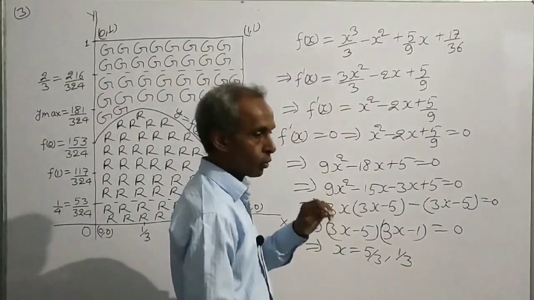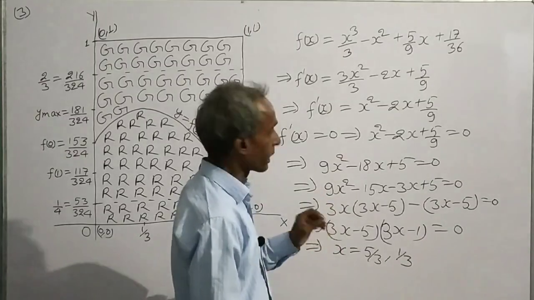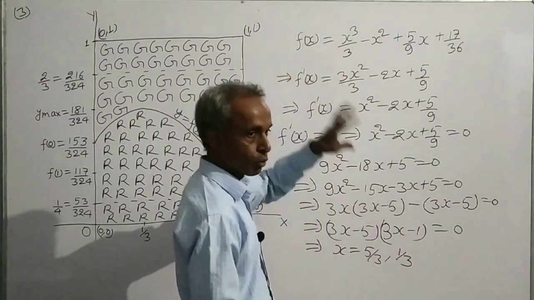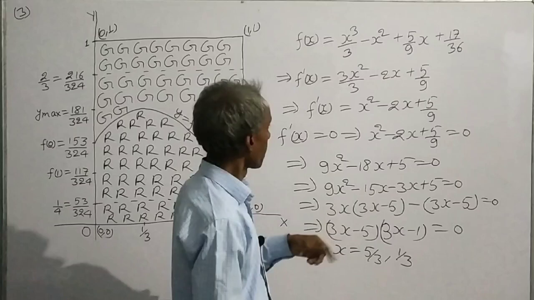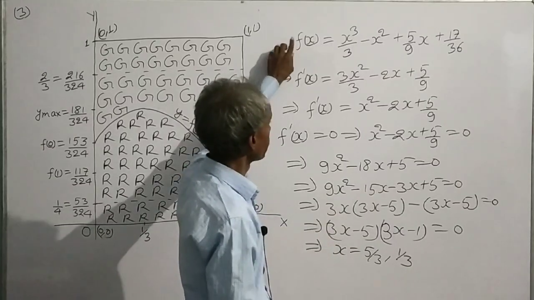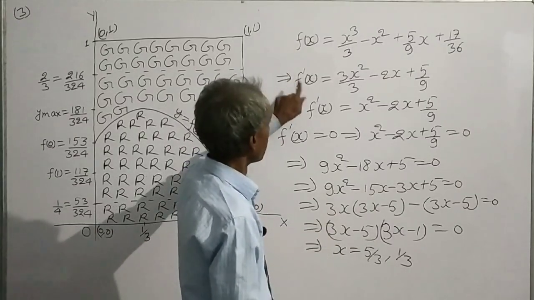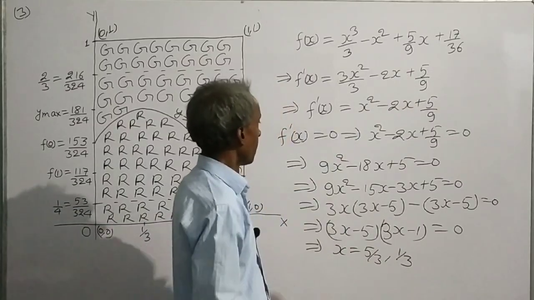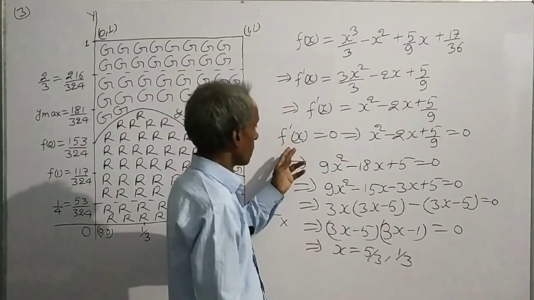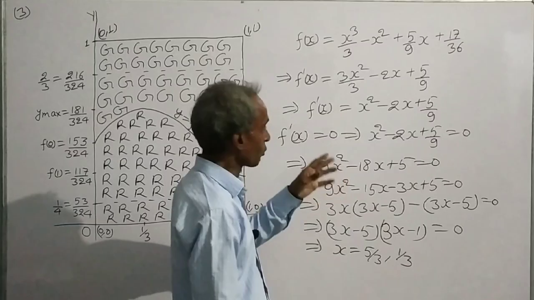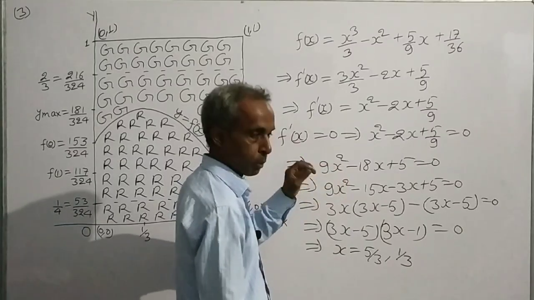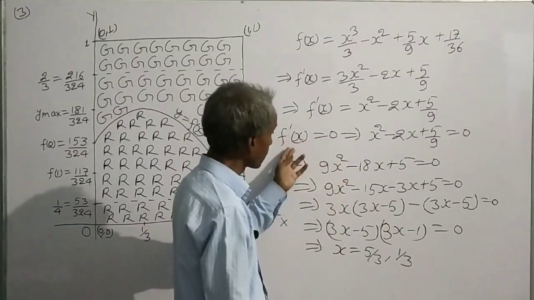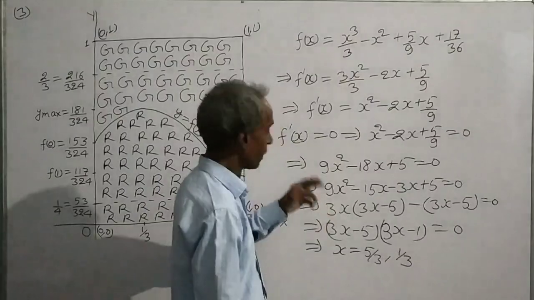We want to draw the graph of y = f(x). For that purpose, we differentiate f(x). f'(x) will be equal to this. Now, we want to know for what value of x, f'(x) is equal to 0.